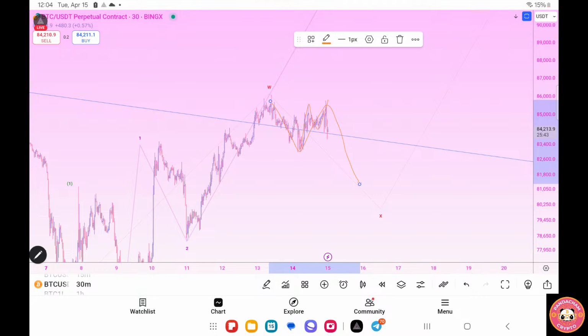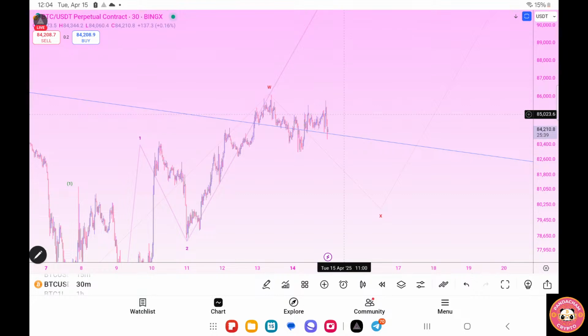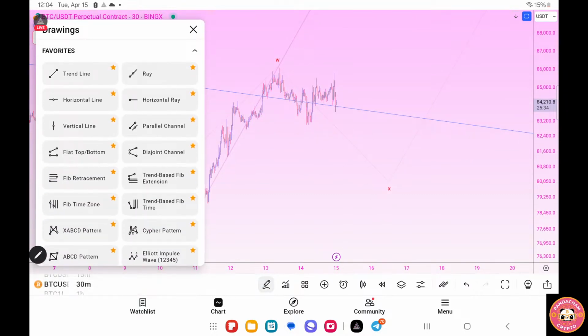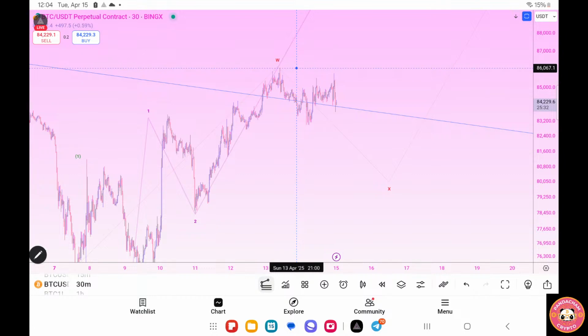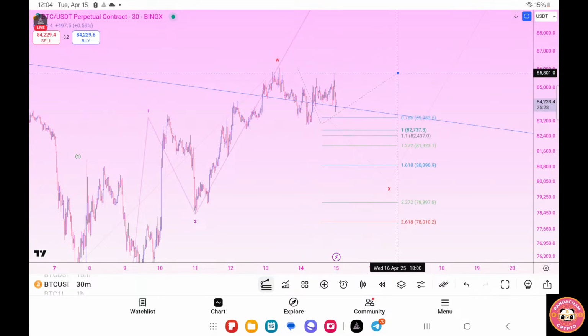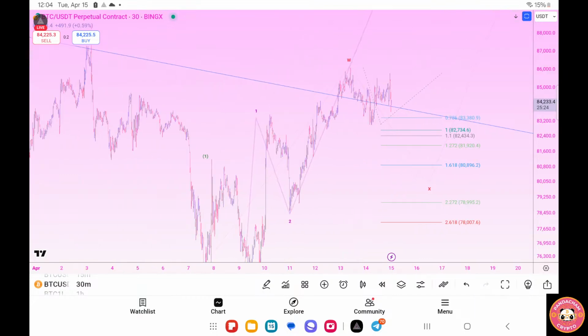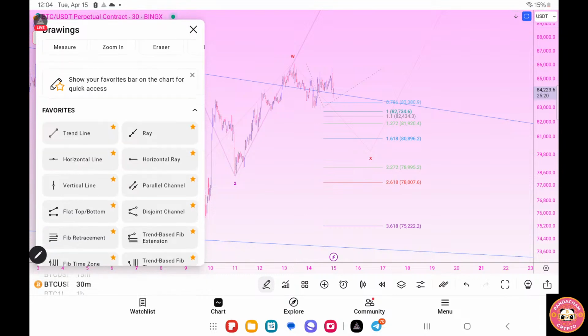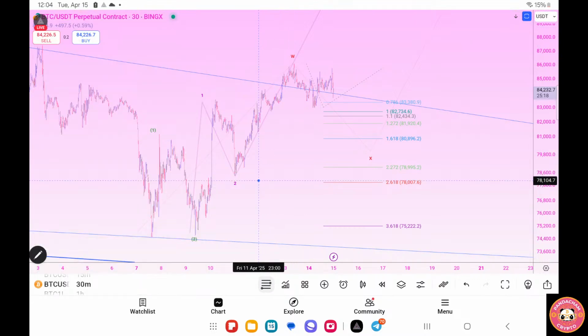Now, the view here is that the whole thing could potentially be corrective, because everything looks corrective right now. Like, it's coming down correctively. So for Bitcoin, I'm looking at probably somewhere around, let me pull the fibs.